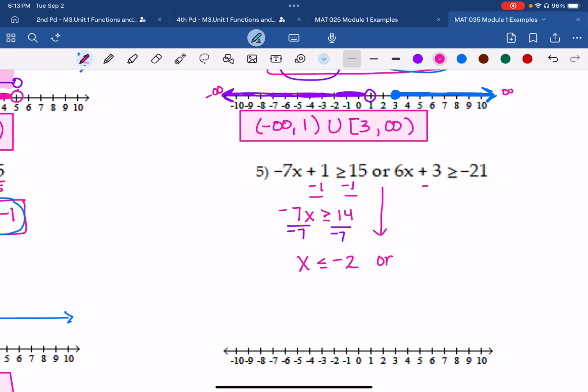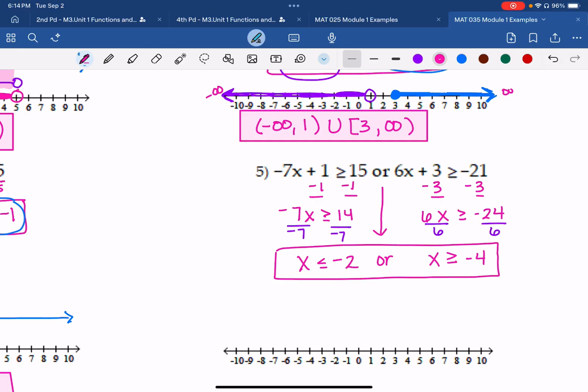I'm going to subtract 3 on this one. So 6x is greater than or equal to -24. I'm going to divide by 6. And then x is greater than or equal to -4. I did not need to flip the inequality in that one because I divided by a positive number.